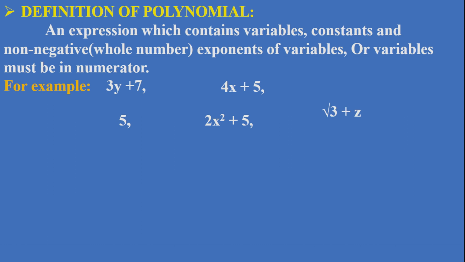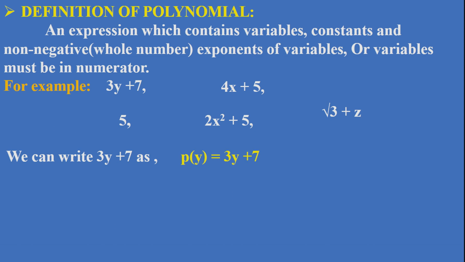If you notice in all these examples, the power of the variable is non-negative. It means that the power of the variables are whole numbers. So that's why in the definition it is mentioned there that the power must be a whole number. Now we can write 3y plus 7 as p(y).